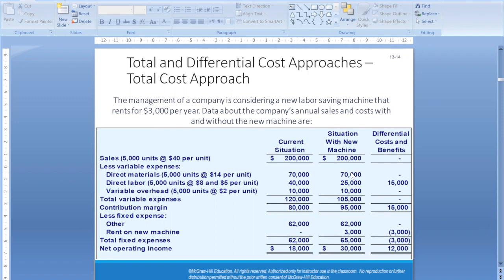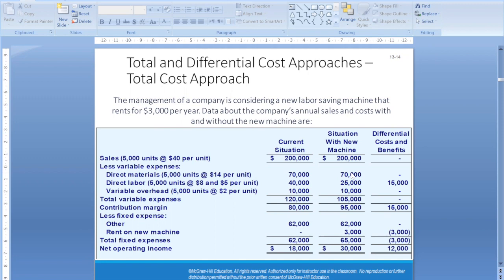So the differential cost between the two situations is that we save $15,000 in the direct labor cost, which is simply the difference between the $40,000 and the $25,000. The last column is the differential costs and benefits, which is the difference between the two situations. We save $15,000 here.